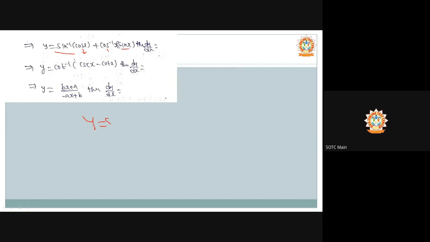Y is equal to sin inverse of, how we can write this, sin inverse of sin of pi by 2 minus x plus cos inverse of cos of pi by 2 minus x. Try to solve and tell me the answer, dy by dx.